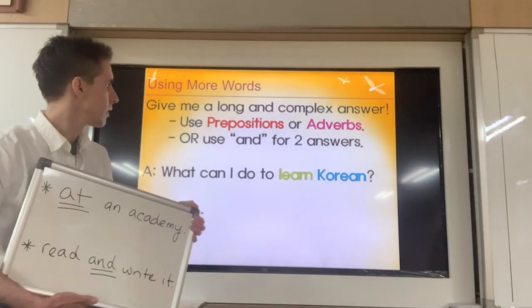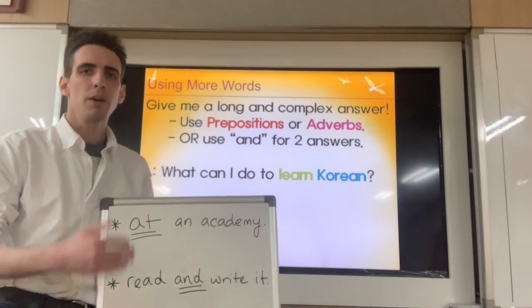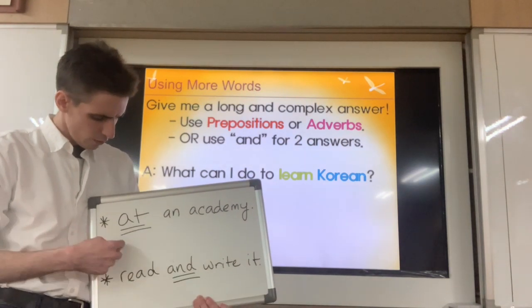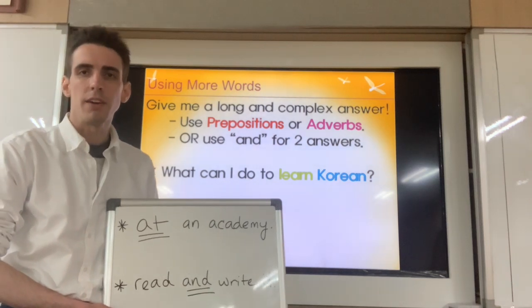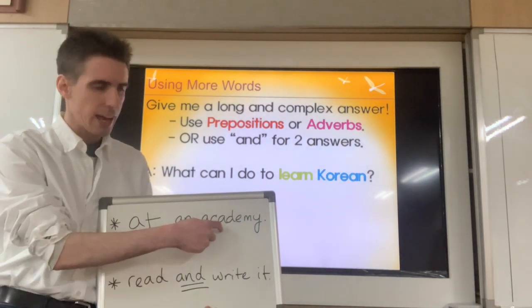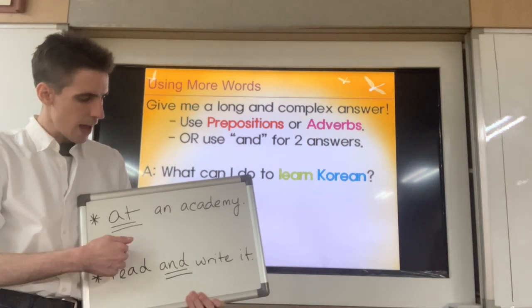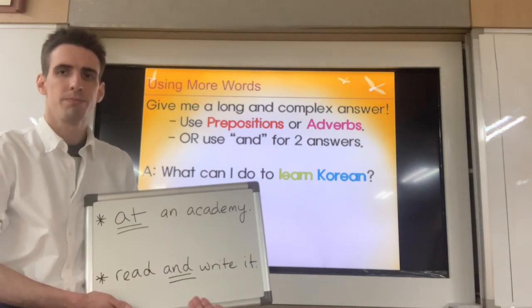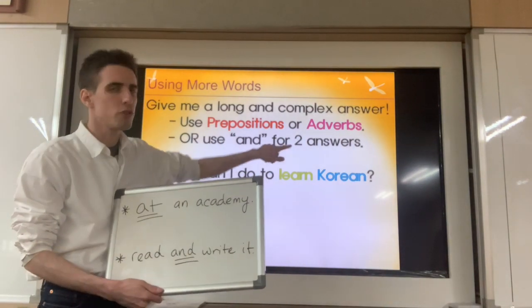Well, we'll use our key phrase, you can blank. So let's use a preposition, at. You can study at an academy. You can study at home. Okay, let's use and for two answers.